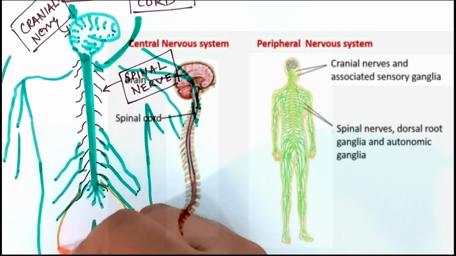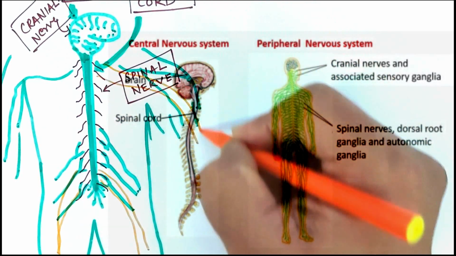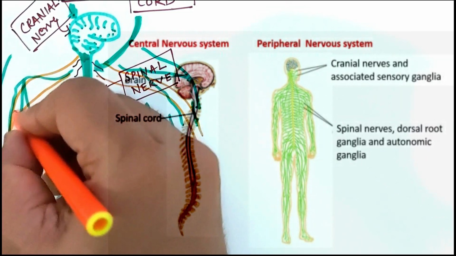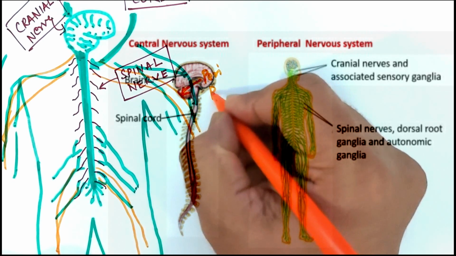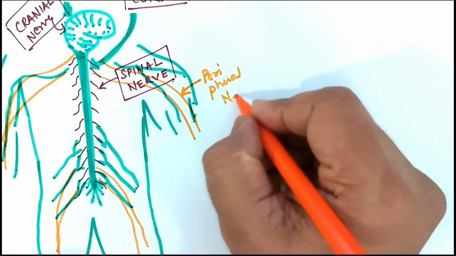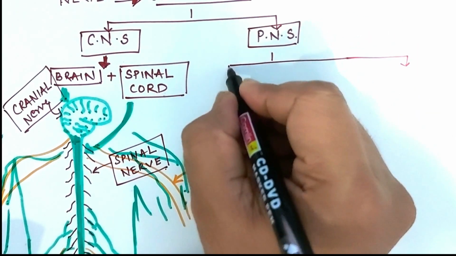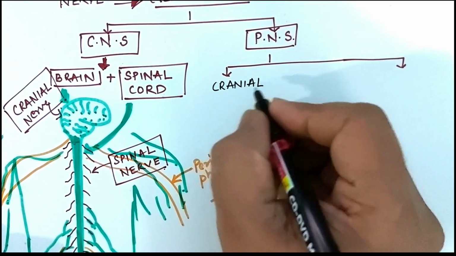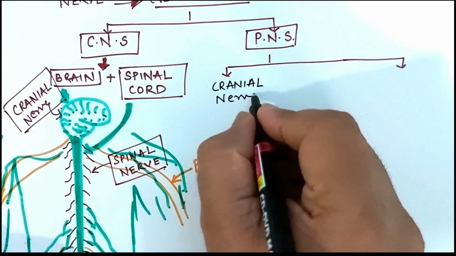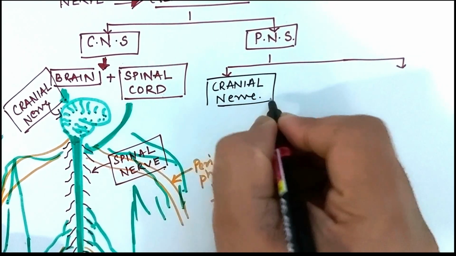So the skin, the muscles and the organs are connected to the central nervous system by the peripheral nerves. So as simple as that. All the nerves coming out of the central nervous system are the peripheral nervous system part.